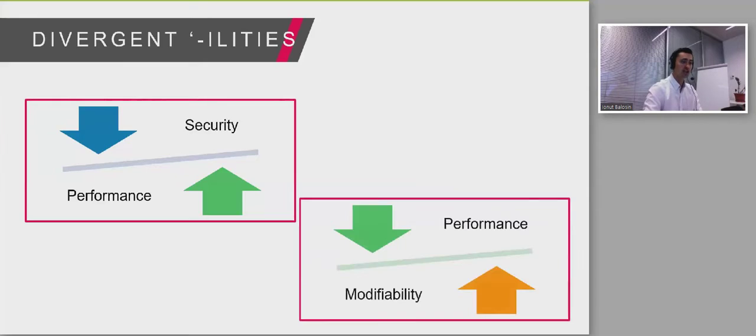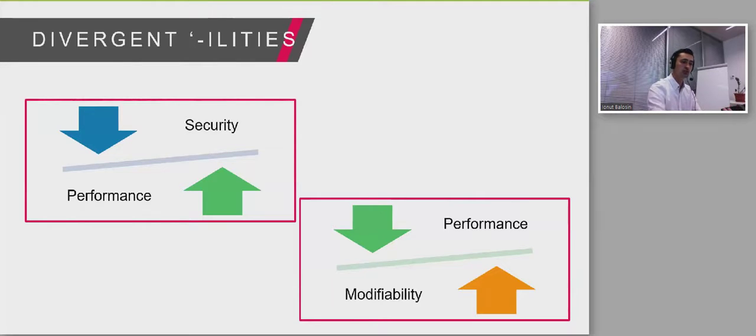On the other side, another balance should be between performance and modifiability. Modifiability is good because it's a way towards flexibility, towards extensibility. It makes the development of the product easier over time, but in some way it might impact performance.